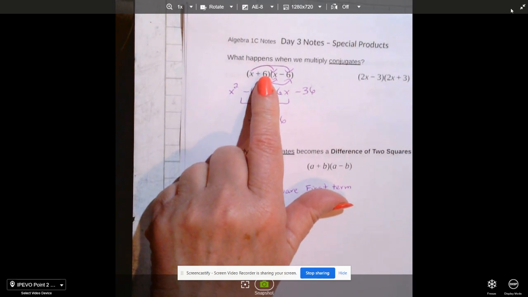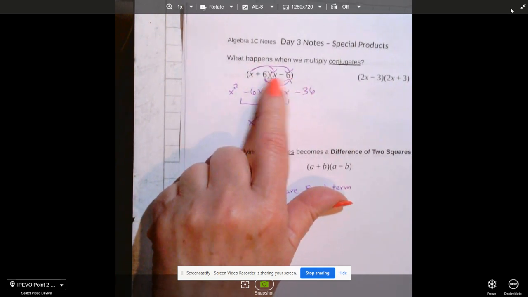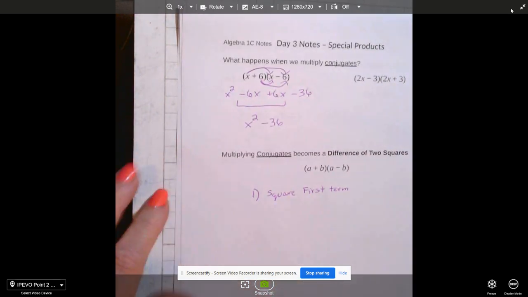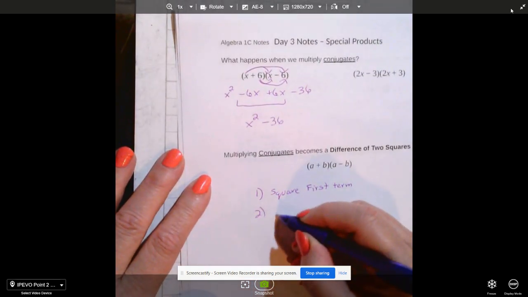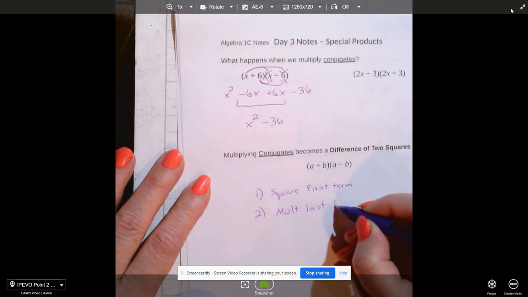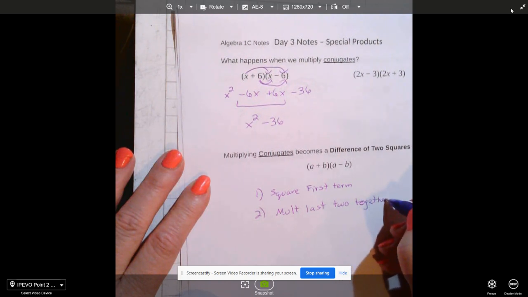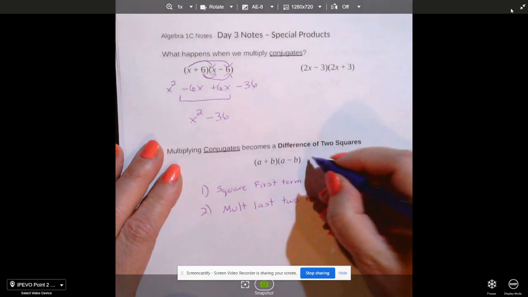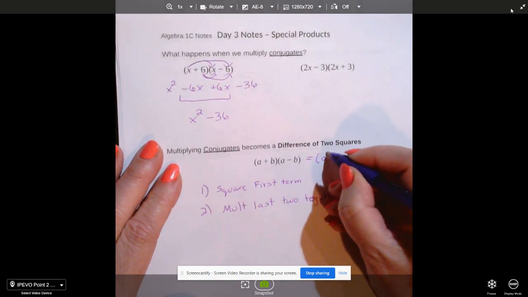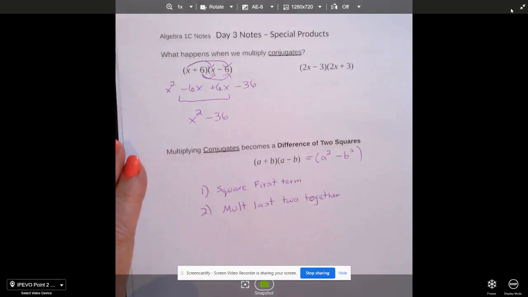And all I have to do is square the second term, or really multiply those last two together. And I'll always get something that looks like this: A squared minus B squared. That's what it's always going to look like.